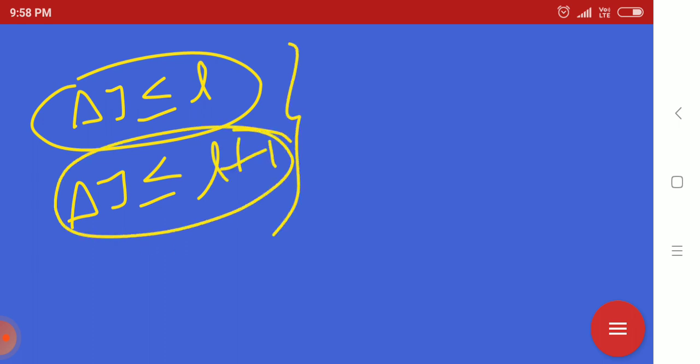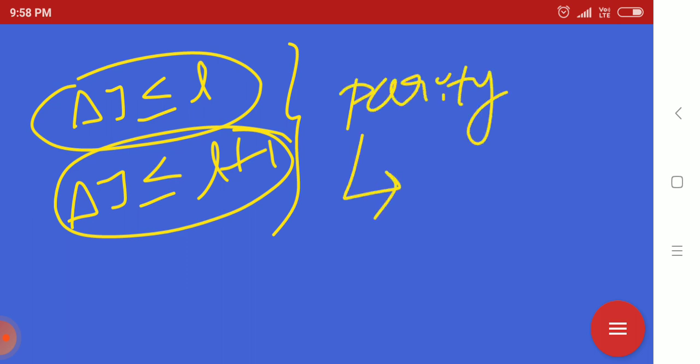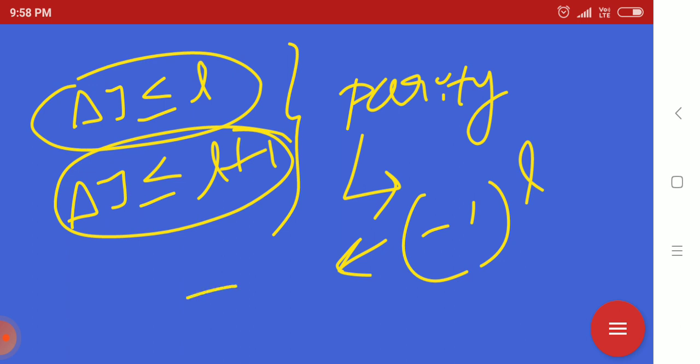Now one thing I should mention: the parity of a nucleus is given by (-1) to the power L. Negative parity happens when L is odd, that means L is 1, 3, 5.